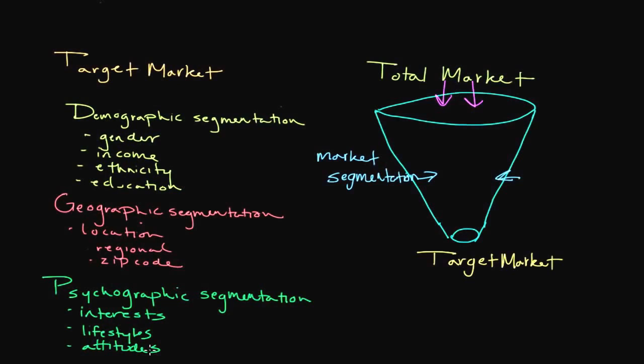But if you have an interest in a certain thing, that is a better descriptor, a better variable to segment based upon, because the chances are if you share a certain interest, there's going to be products related to that particular interest. And so with psychographic segmentation, you look at things like stages of life, and so married with kids obviously have different needs than people that are just simply married.